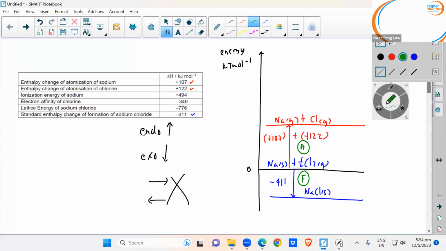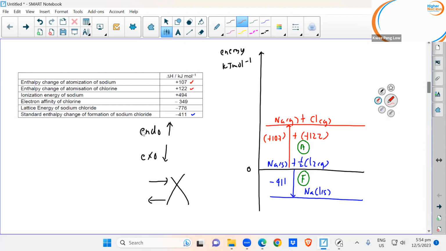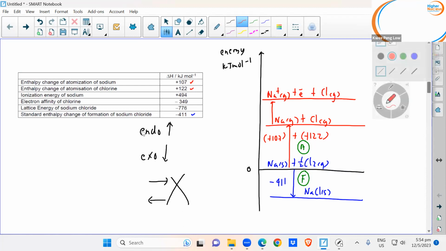Next, let's do the I. Okay, I'm going to change my sodium gas to sodium plus gas. It will give out an electron. Your Cl gaseous atom, you did nothing to it, just bring it up. So for this one, my value is plus 494. Recall, this is your first IE.